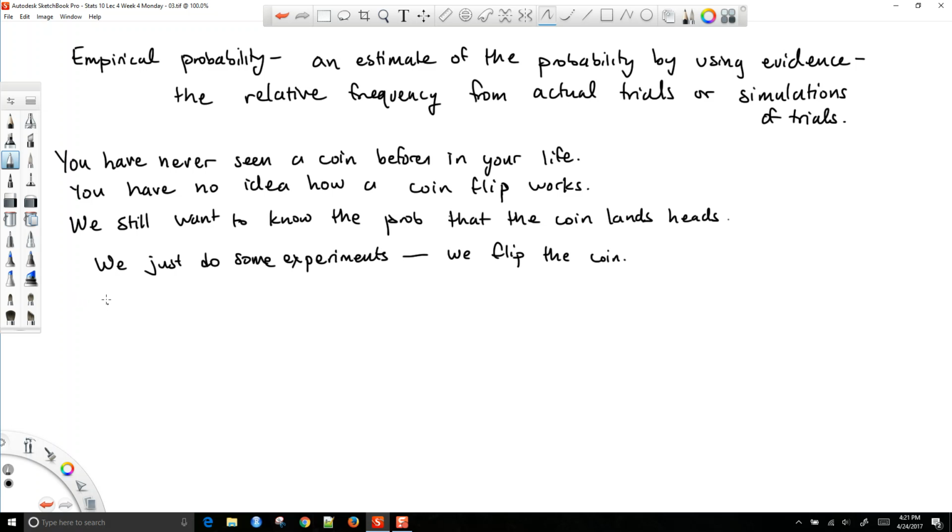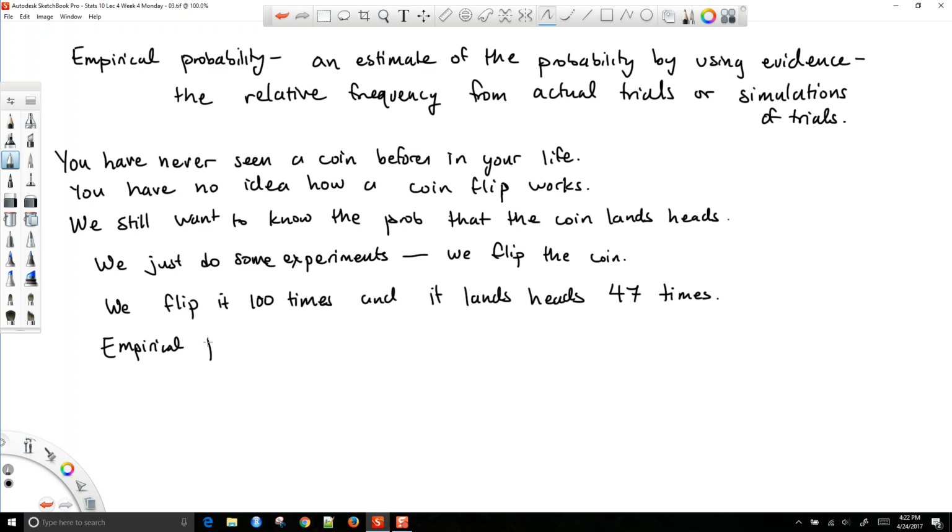Let's say we flip it 100 times, and it lands heads 47 times. Therefore, my empirical probability is just this relative frequency, which would be 47 divided by 100, or 0.47.